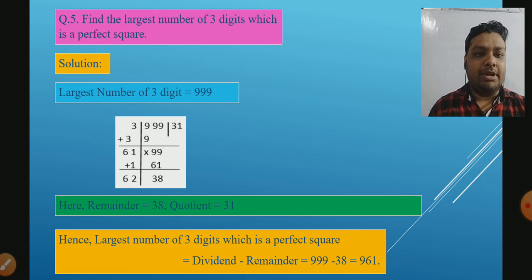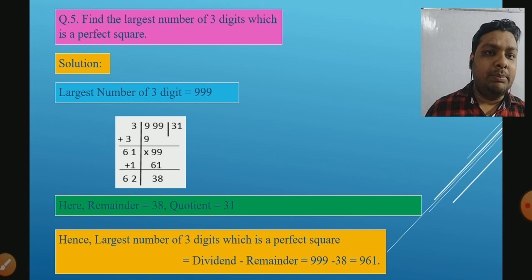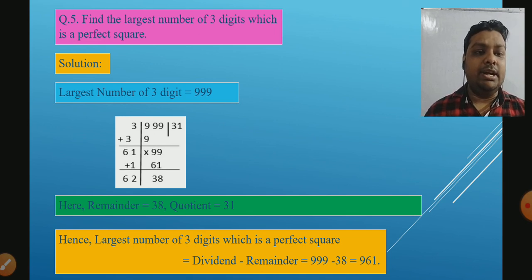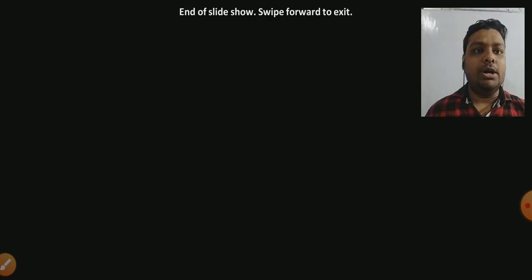It means if we subtract 999 minus 38, then we will get 961, and 961 is the largest number of 3 digits which is a perfect square. And 961 is the perfect square of which number? 31. You can see if you multiply 31 into 31, then you will get 961. So like this we can solve this type of question. Okay students, I hope that you all have understood. Okay, so thank you dear.